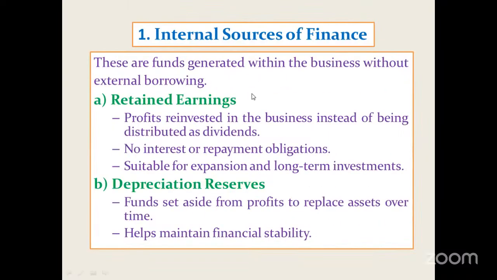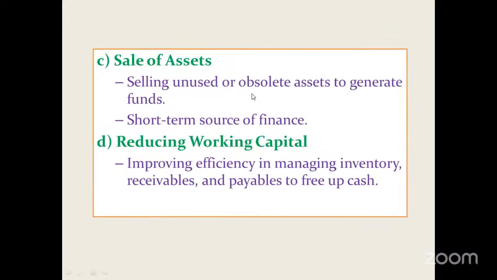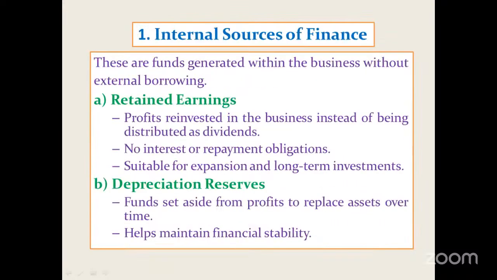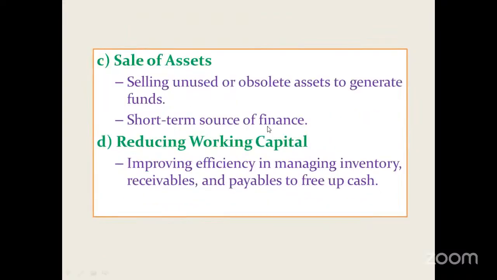So we have seen internal sources: retained earnings, depreciation reserves, and sale of assets. Sale of assets means selling unused or obsolete assets to generate funds.